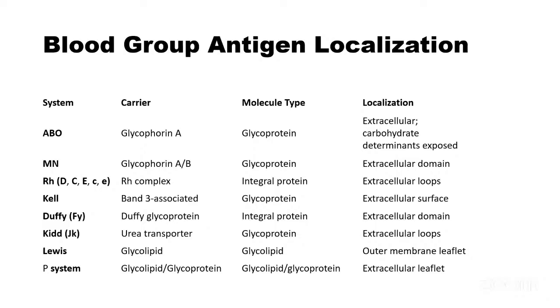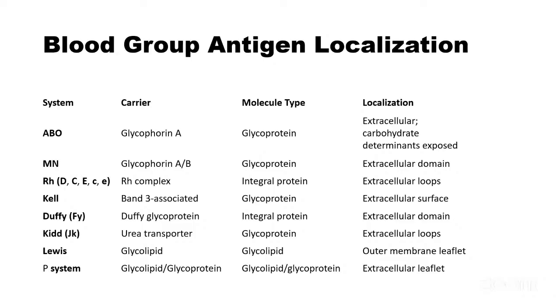Blood group antigen localization. So where the blood groups are located, the system and where they are located on the membrane.